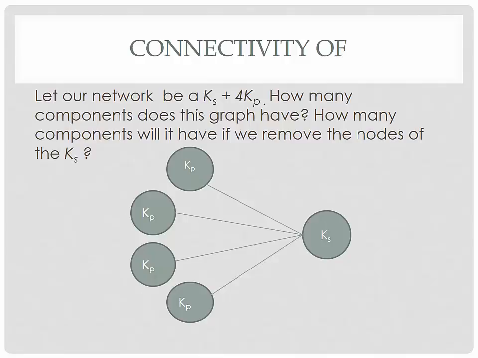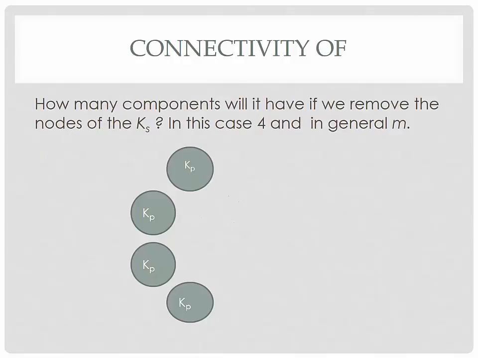What if we remove the S nodes in the KS? In other words, if our node cut is the KS, then we see that it is a node cut because we went from having one connected component to having 4 components.